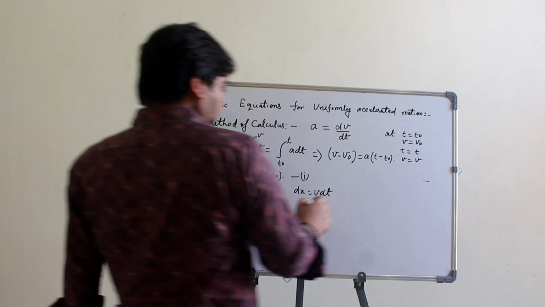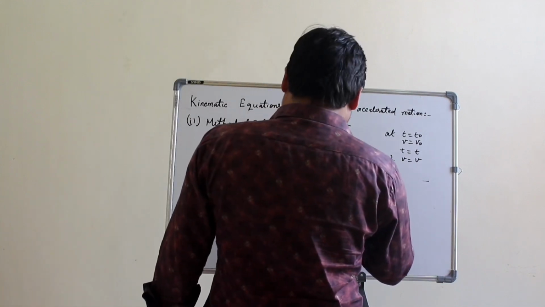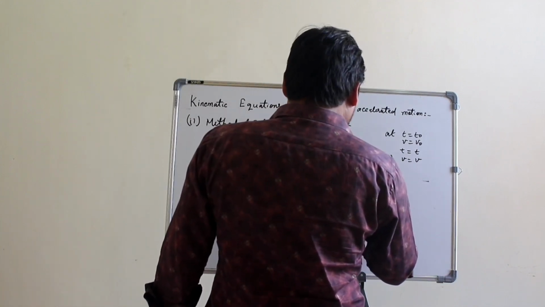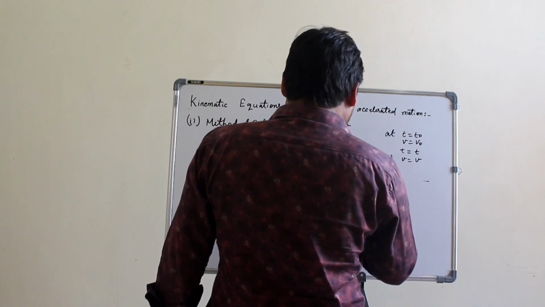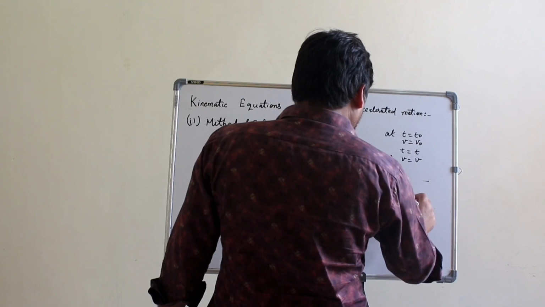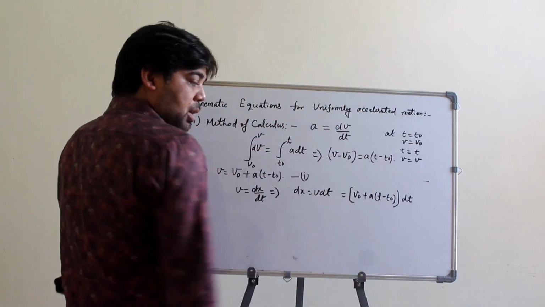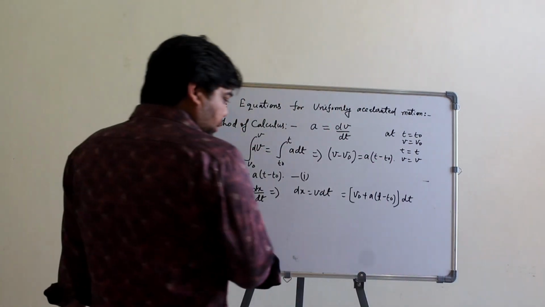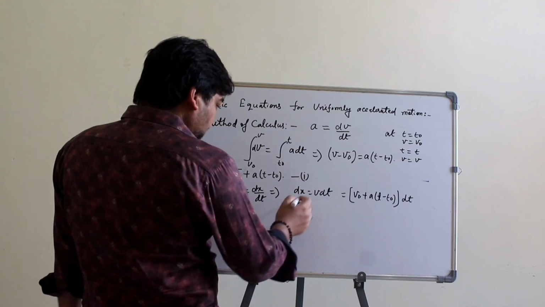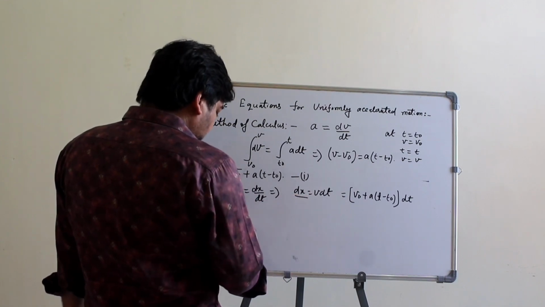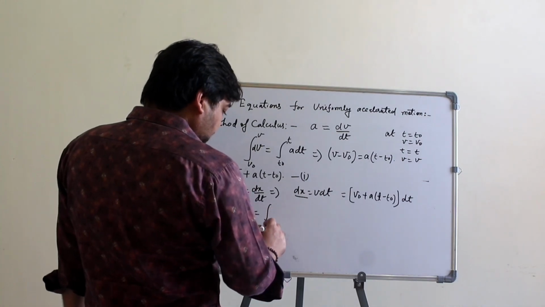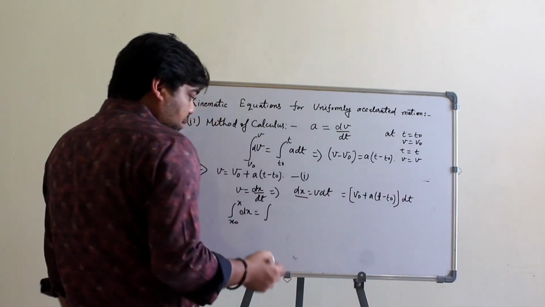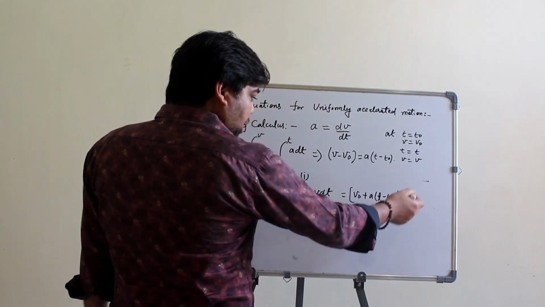It is v naught plus a times t minus t naught, dt. Now just integrate again, assuming x goes from 0 to x, and t varies from t naught to t.